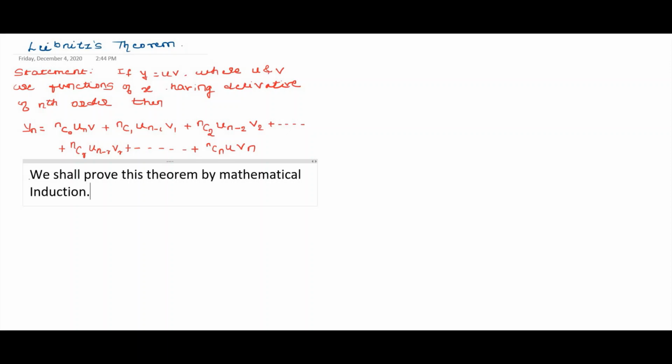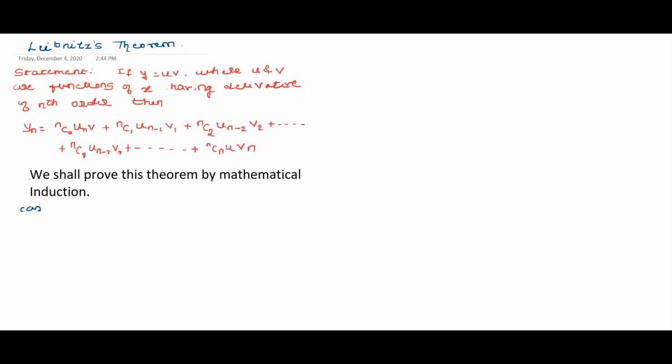So mathematical induction means first we have to put n is equal to 1 on both the sides LHS and RHS and show that left hand side is equal to right hand side. The second case we have to assume that the result is true for n is equal to m, and the third case we have to show that the result is true for n is equal to m plus 1. So first I will write case 1.